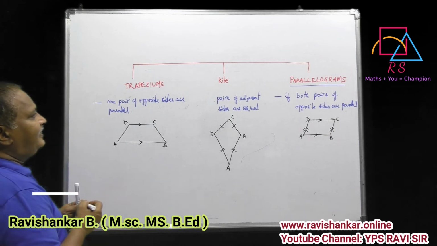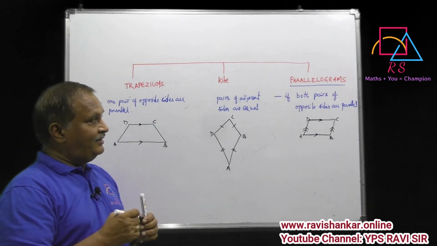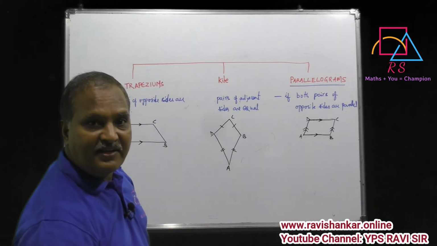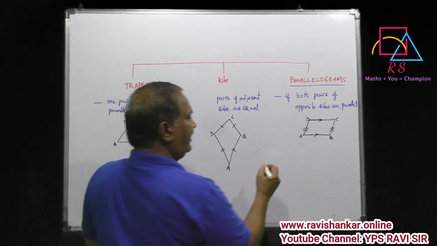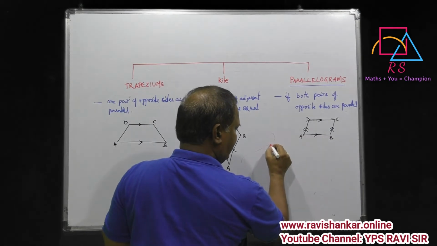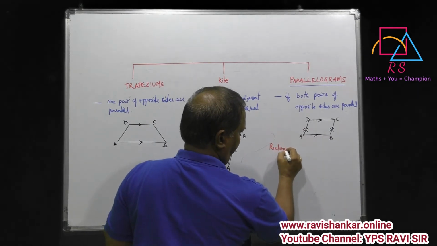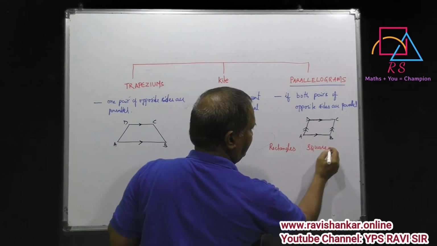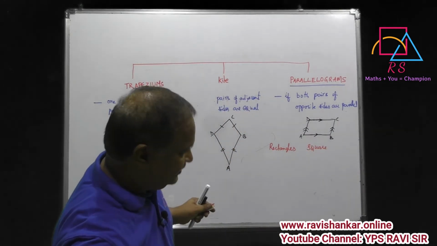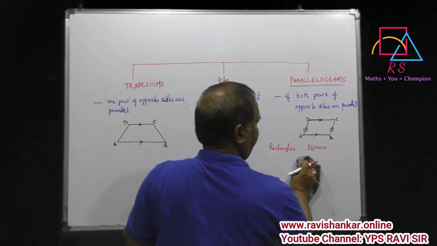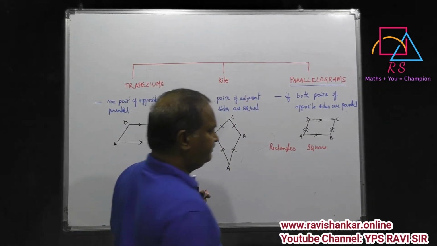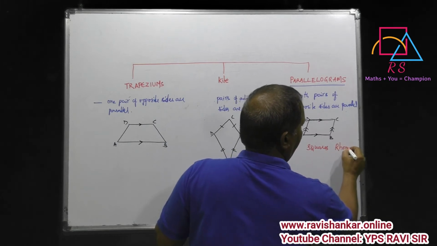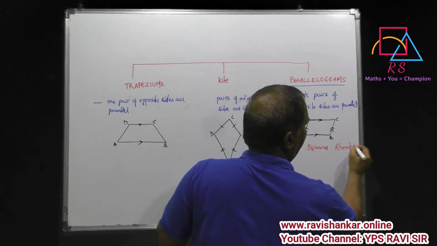Now it is not over. Parallelograms are further divided. They are rectangles, squares, and rhombuses.